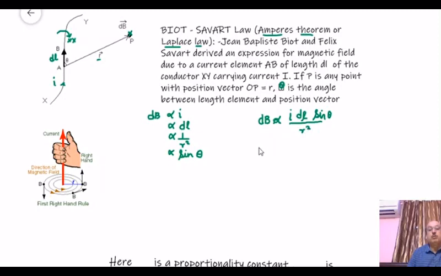So we have to remove the proportionality sign now. Then dB is equal to a constant times I dl sine theta upon r square.